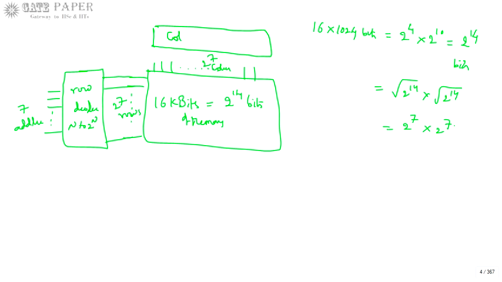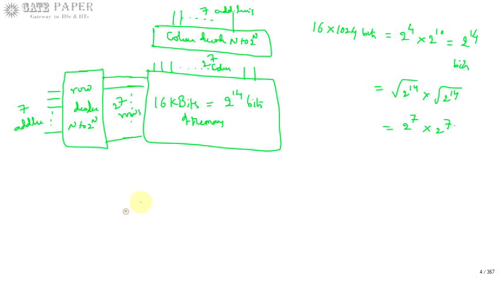again it requires a column decoder, which is also an n to 2 power n decoder. So again, if it is 2 power 7, definitely we require 7 address lines for the column decoder. So totally 14 address lines it requires. 14 address lines is 2 power 14 unique locations. 2 power 14 unique locations means 16 kilobits of memory.